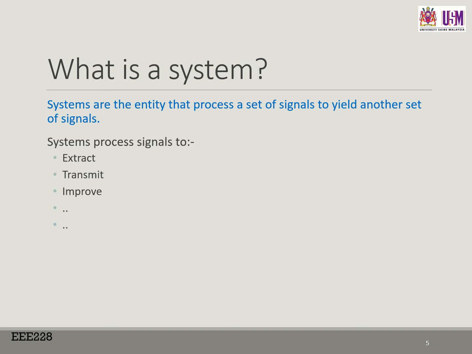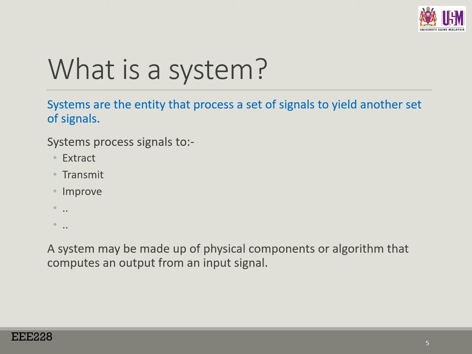Some simple examples of a process are to extract, to transmit, to improve, to upgrade. A system is not limited to physical components, and just because it's a system doesn't mean that it has to be a physical process. Even an algorithm that computes an output from an input can also be a system.